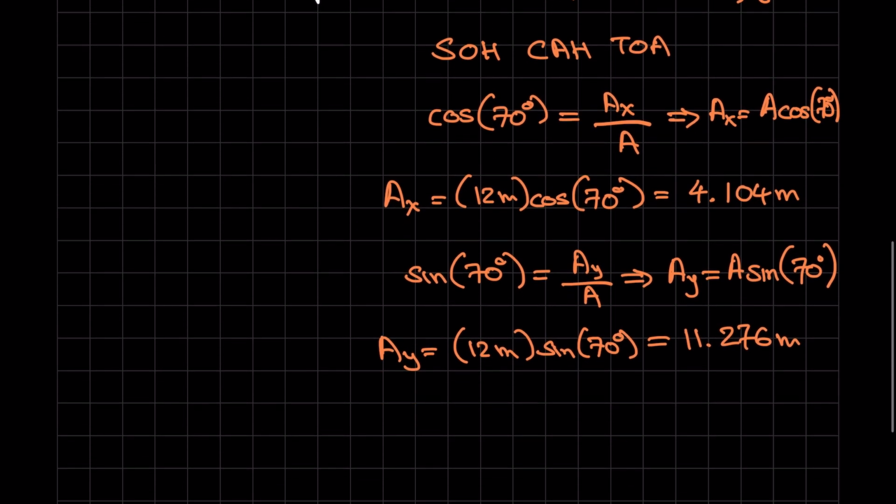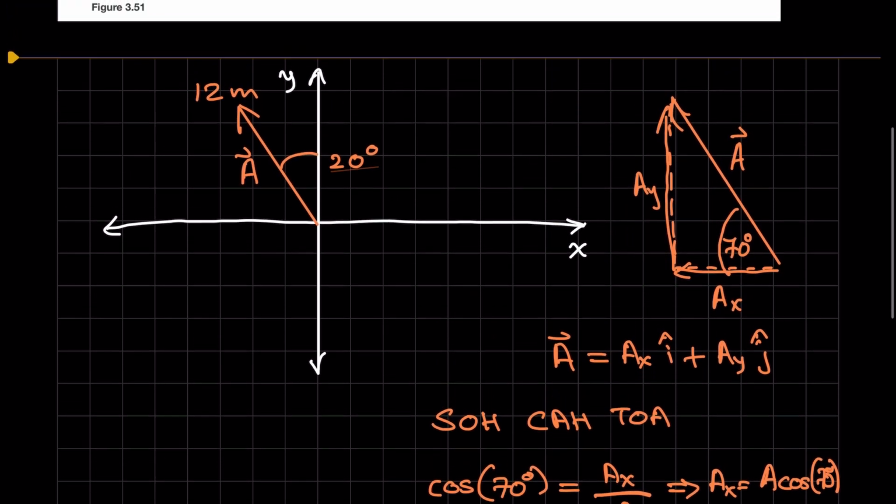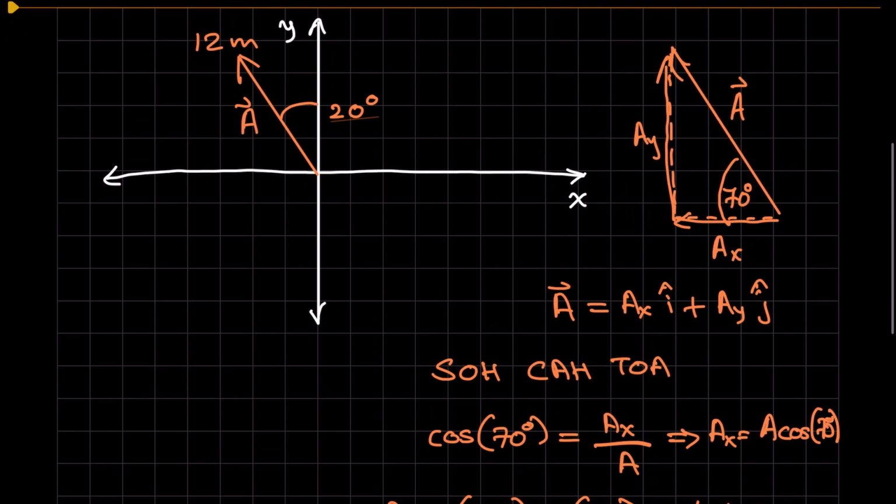otherwise it won't give you the correct answer. All right, so we have the two components of A, so we can go to our original diagram and put down what A is. A is equal to, and we have to think about the directions.